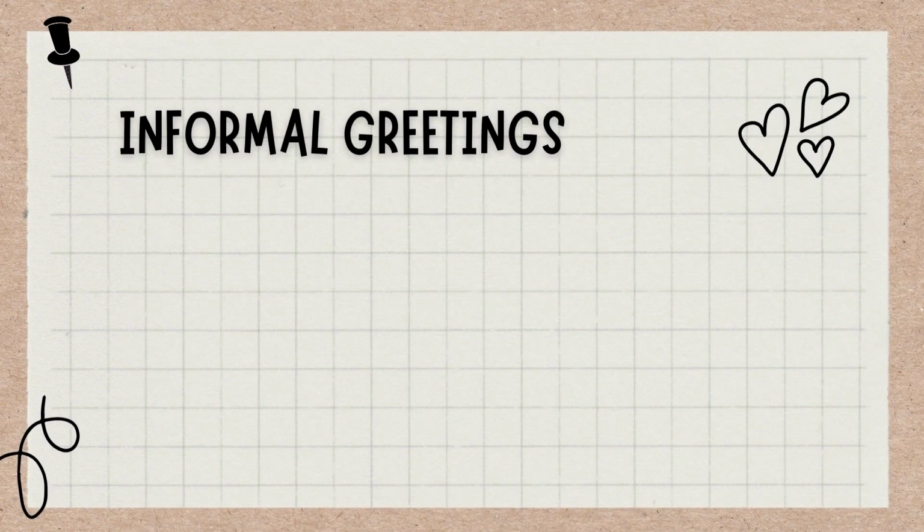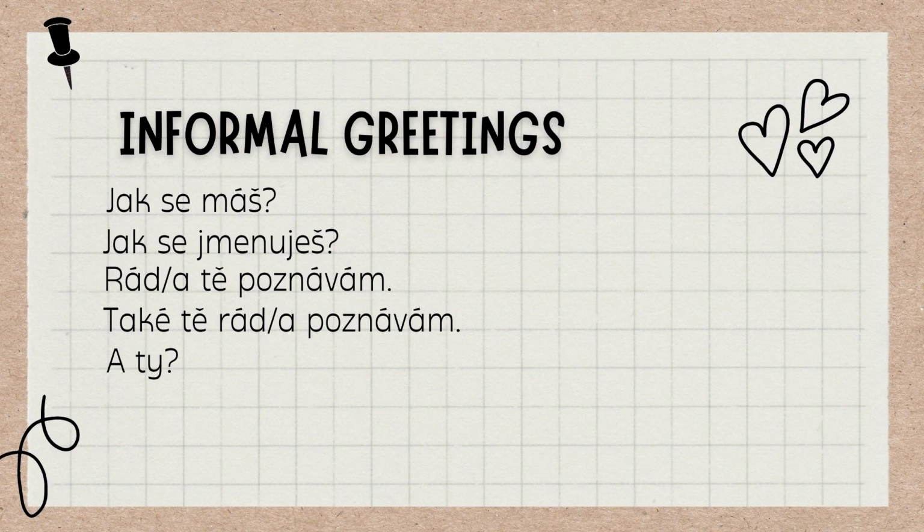Here's the part where it gets really easy if you remember all the greetings from the last lesson. The only thing we'll need to do is swap a few words and ta-da! You can speak informally. Let's look at all the remaining words we have here. It's jak se máš, meaning how are you.